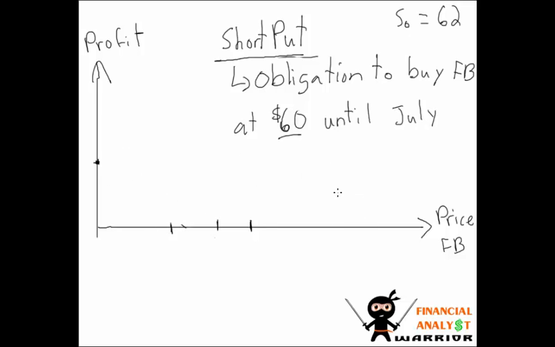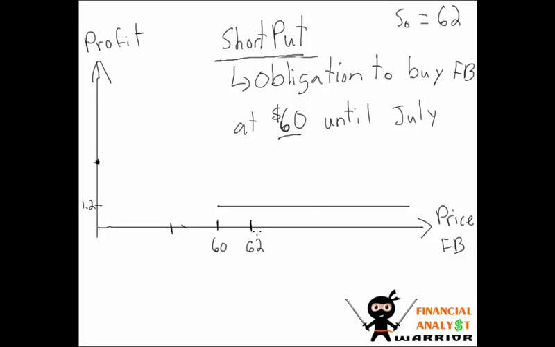In this case, I get to keep my premium only if the person doesn't exercise, and he's not going to exercise if the price is above $60. So here I get to keep my $1.20. That's how much profit I can make.